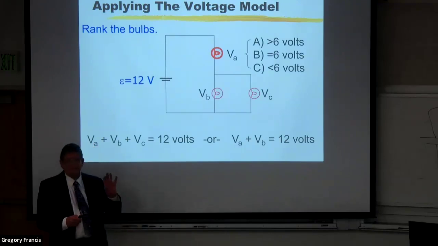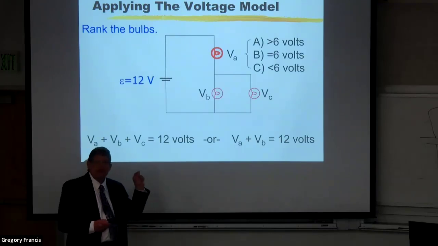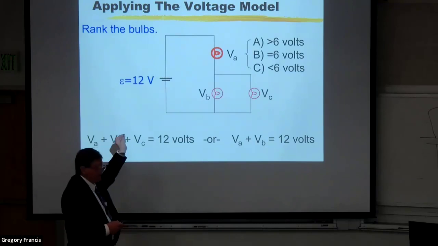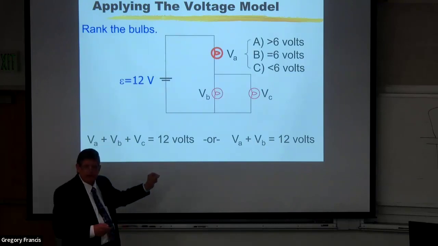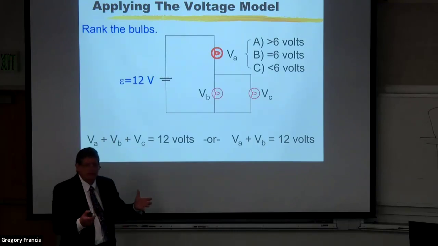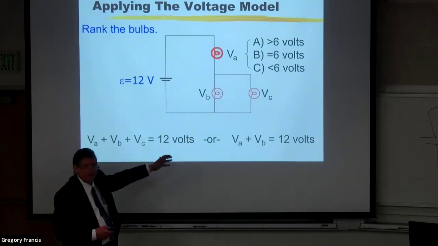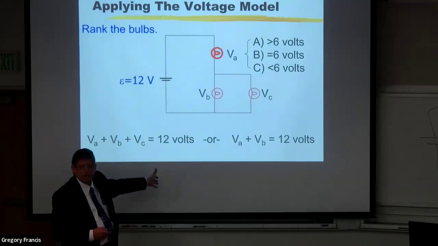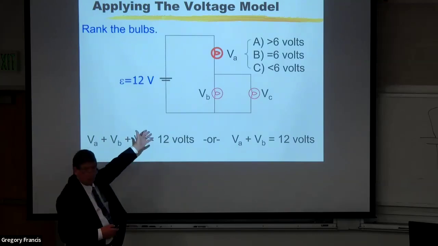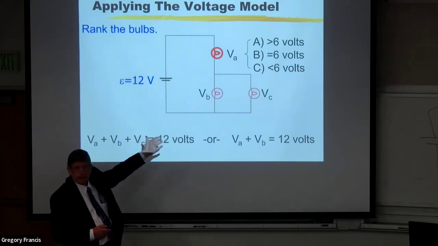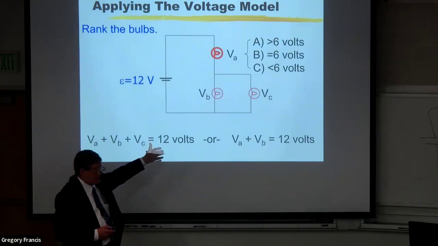You remember, we said that any single path from one side of the battery to the other has to drop 12 volts. Well, imagine that Fred, that blueberry that we painted green, he's trying to make his journey from the positive terminal of the battery to the negative terminal of the battery. He's got to go through bulb A. But then he's got to choose.